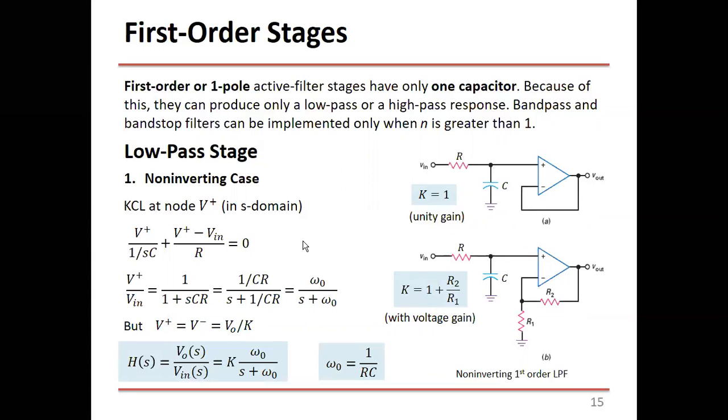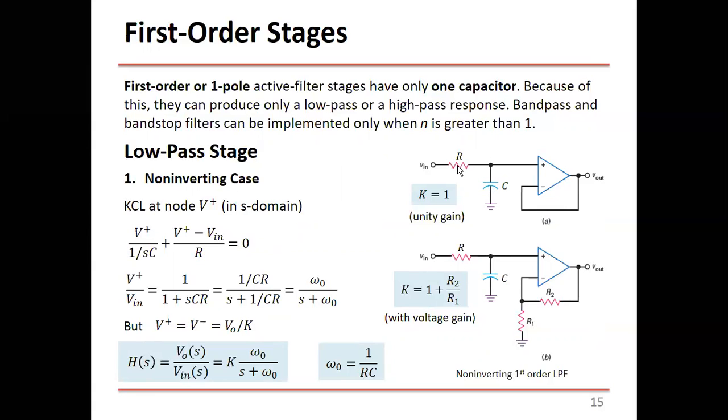Okay, so let's analyze these circuits and find the H of S. I will repeat this many times in this lecture to show you how to find H of S. This is very important. If I give you a circuit with a second order or first order for any structure, you should be able to find H of S. How? Simply, we replace every component with its equivalent in the complex S domain.